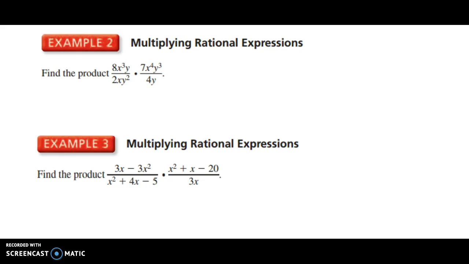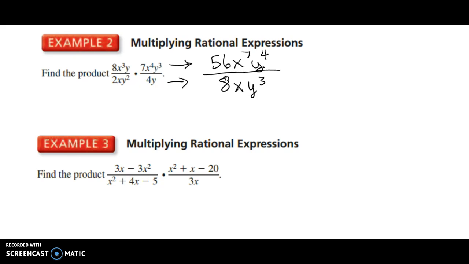So in example 2, just like we saw in the journal, go ahead and multiply across first. 8 times 7 is 56. X cubed times x to the 4th, you'll add the exponents and get x to the 7th. And y to the 1st times y cubed, again we'll add the exponents. Now multiply the denominators. You'll get 8xy cubed.